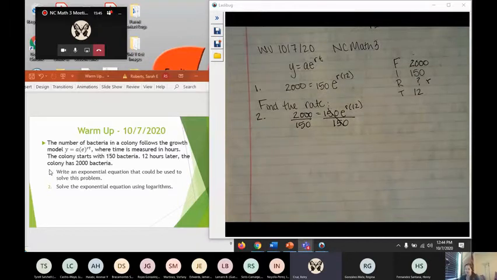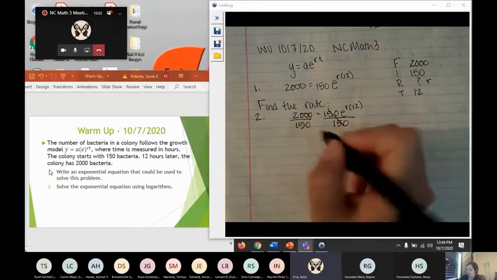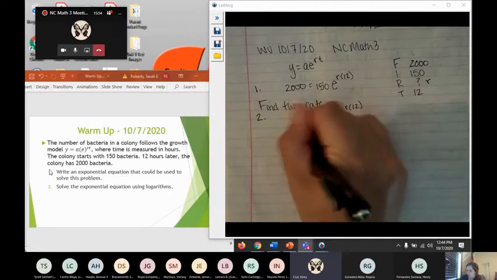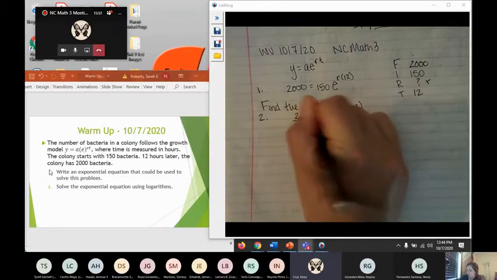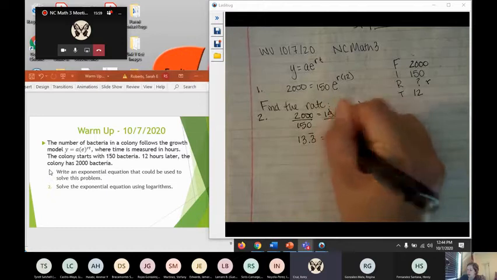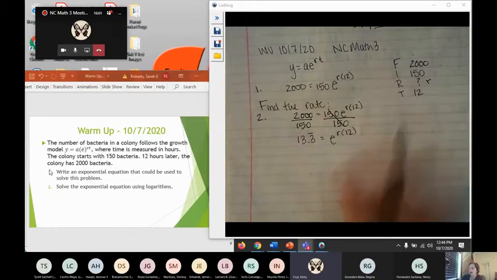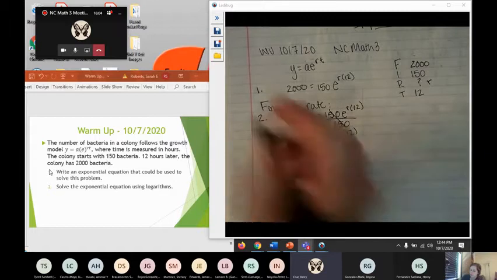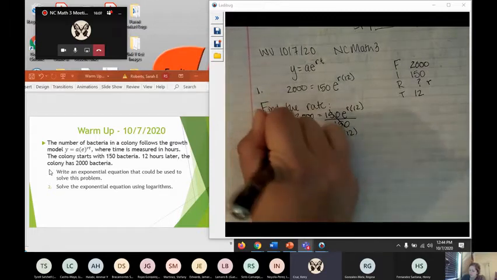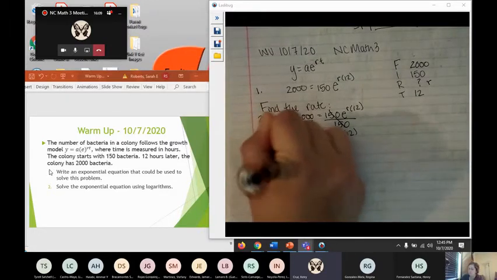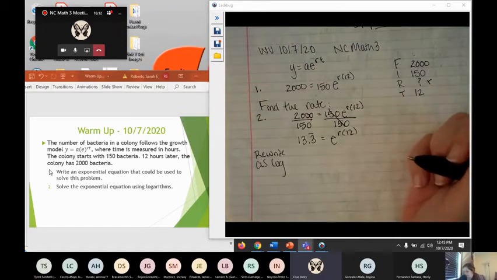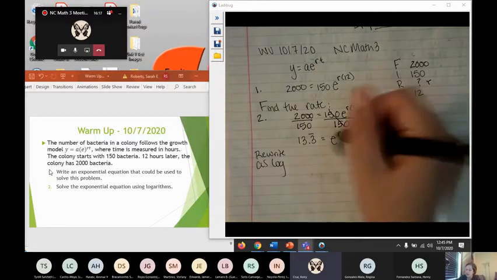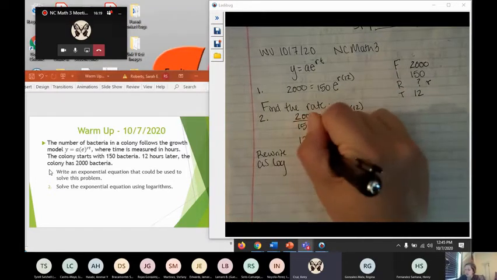So if I calculate that divided by 150, I should get 13.3. Katie, can you help me rewrite this as a logarithm? Would the base be 13 or would the base be e? The base will be e, so I'll have log base e.